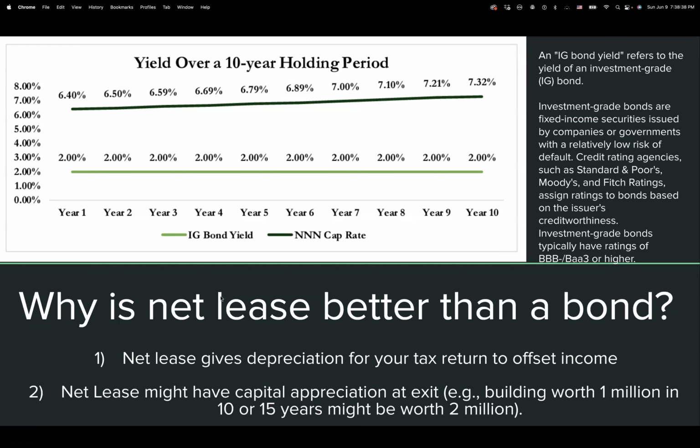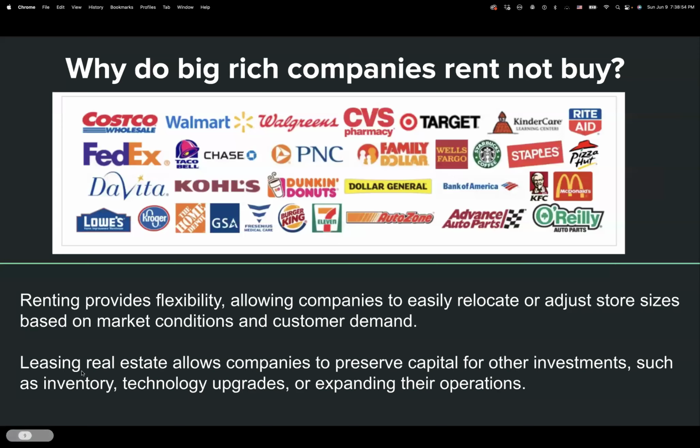You might see an investment grade bond yield that's maybe around 2%, and then in some cases a triple net cap rate could range maybe 6, 7%. But the difference is if that commercial asset is purchased with financing, at the end of the term, the mortgage can be greatly paid down. And if the lease is extended several times, it can be paid off.